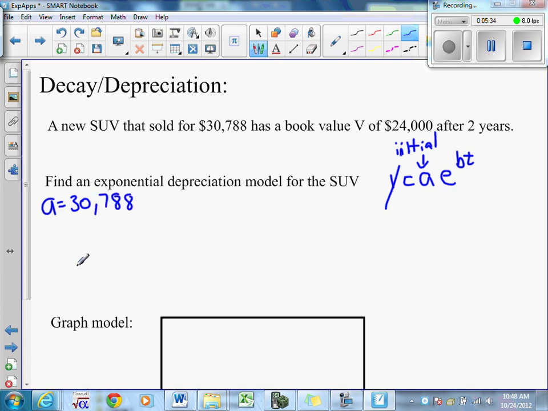Now I need to find my B by saying it equals 24,000 in 2 years. So I write my equation, e^(B times 2), and I need to solve for B. So this is e^(2B).